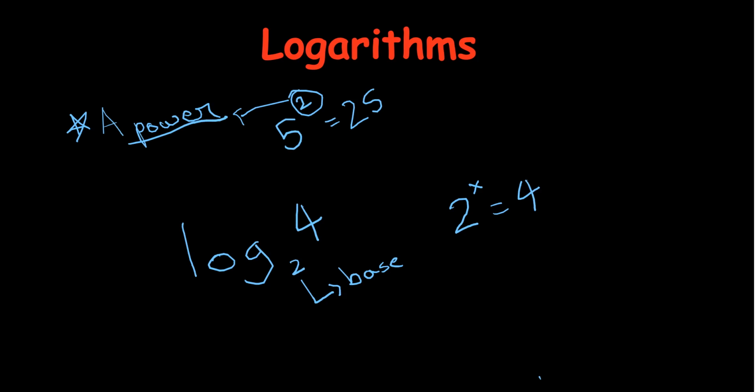And also just another important tip. When you write log base 10 to some power, let's just say x, then that is equal to just log of x. When your base is equal to 10, you do not need to write the 10 under here.